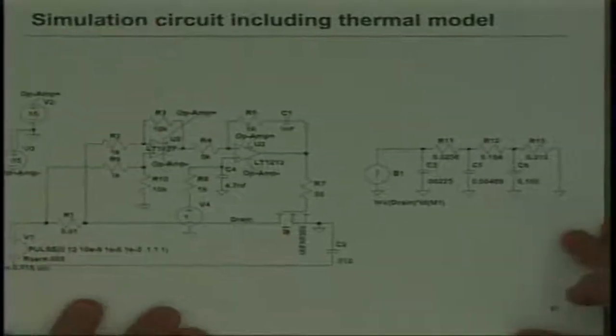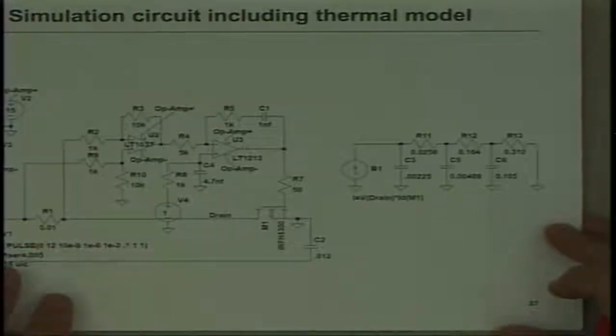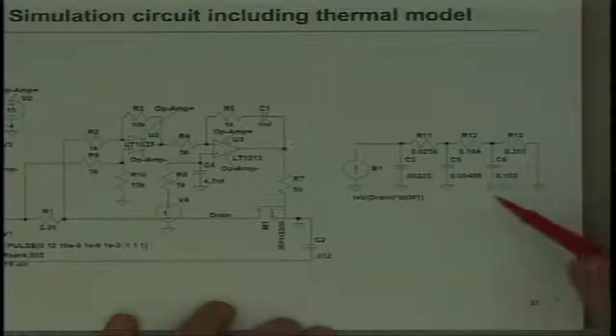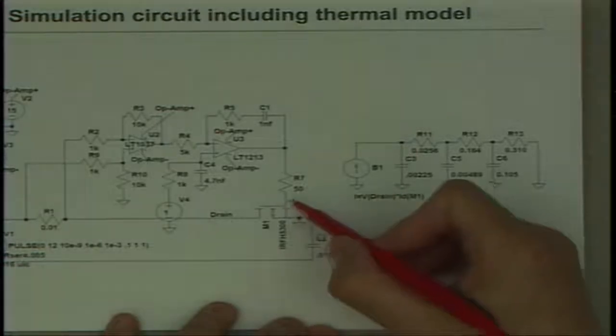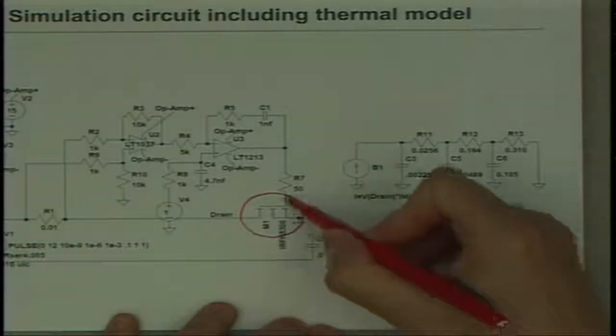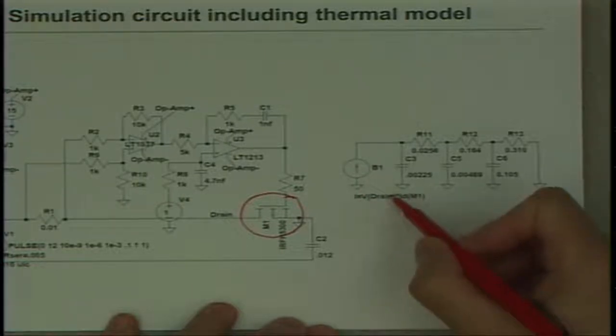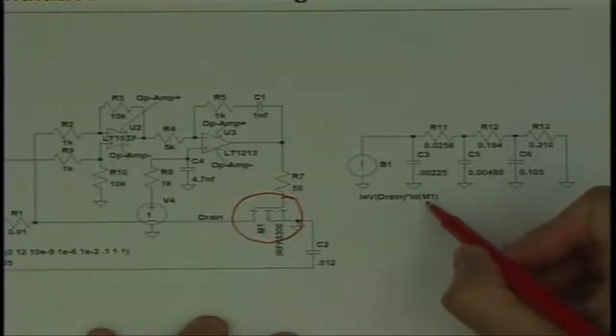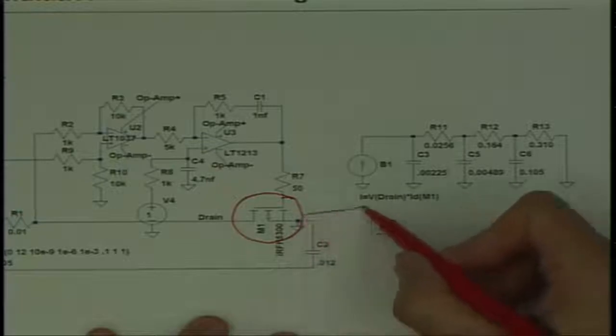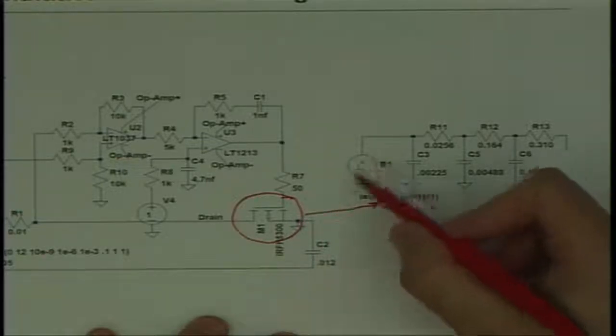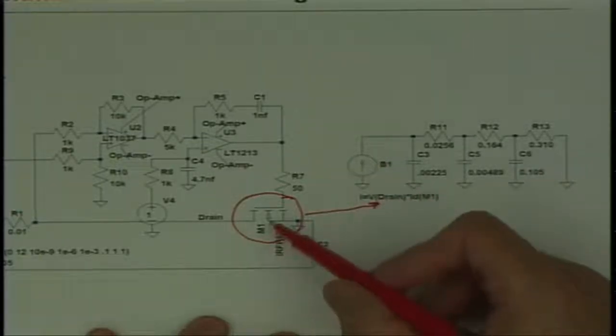I took that and added, this is all in free LTspice or PSpice, whatever you've got, this device's drain voltage and its drain current right here, and said this is a dependent current source that takes that product.